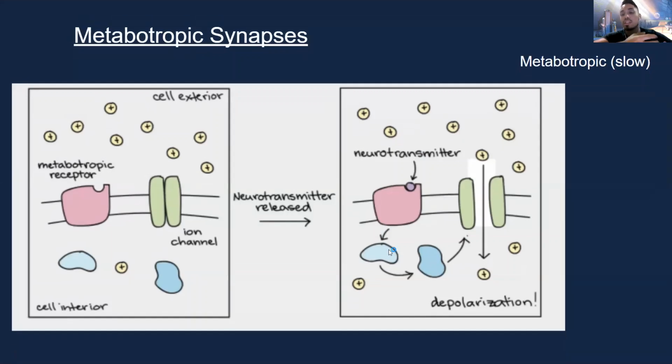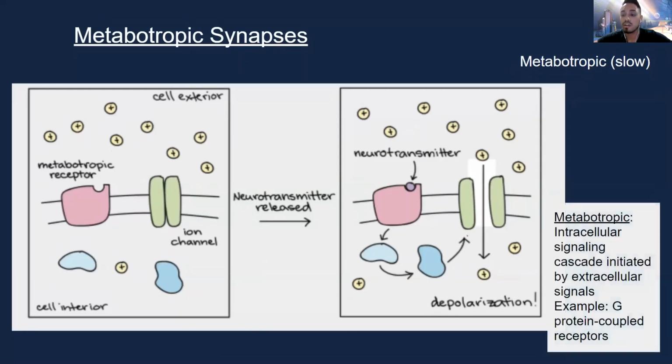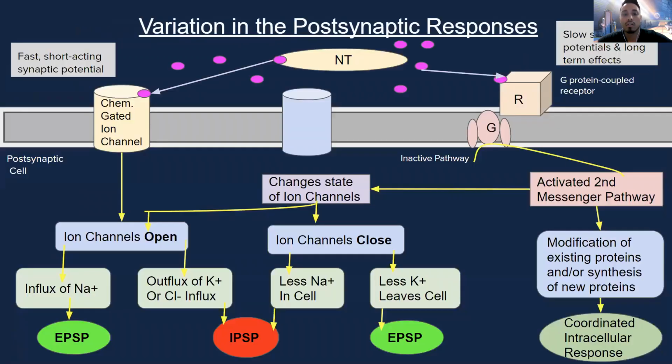They're the whole intracellular signaling cascade, which eventually activate a channel or pore and enable the ions to flow through. So these are much slower. And the most common example is the G protein coupled receptors. And you're going to see these throughout physiology, biochem, molecular bio.